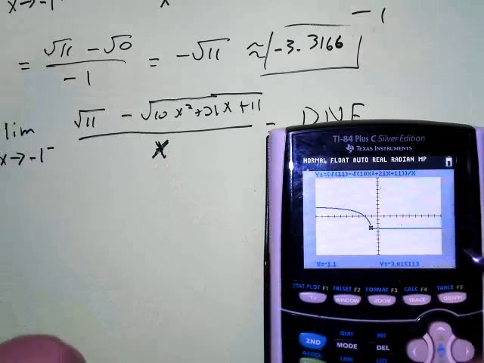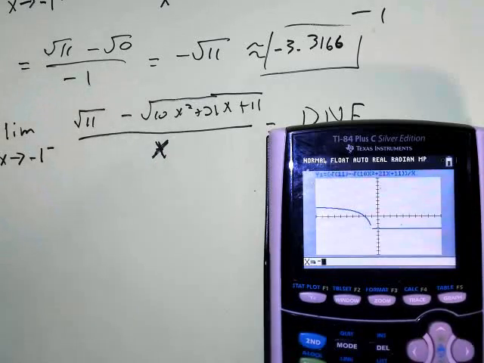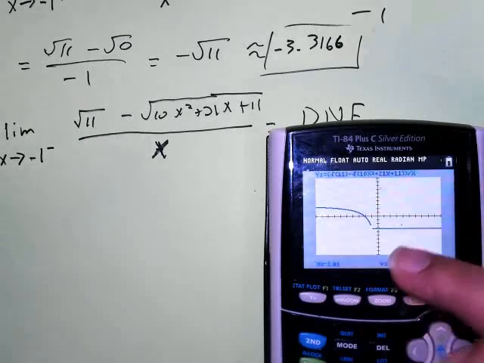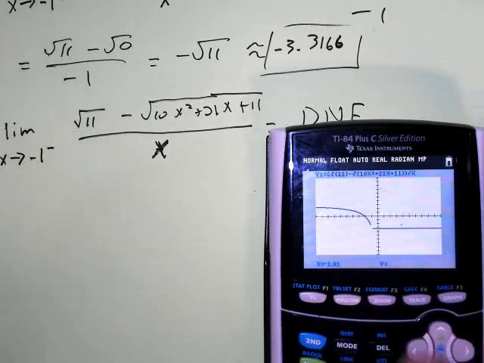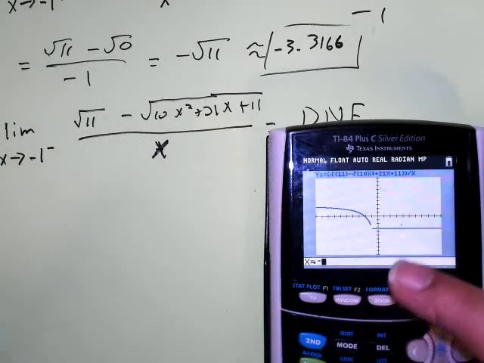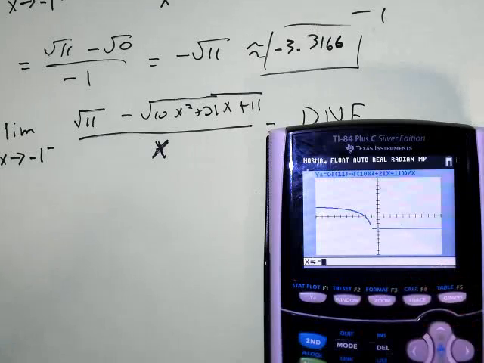Negative 1.1. So let me actually do negative 1.01. Maybe that's what I need to do. There we go. Negative 1.01 is, you can see here, undefined. So I could try something a little bit closer to 1.